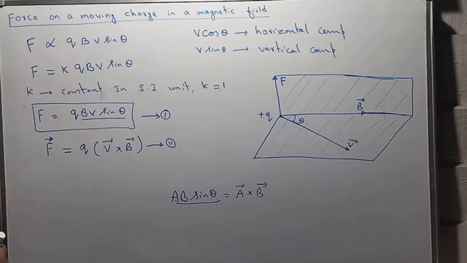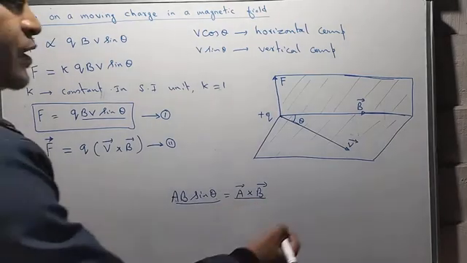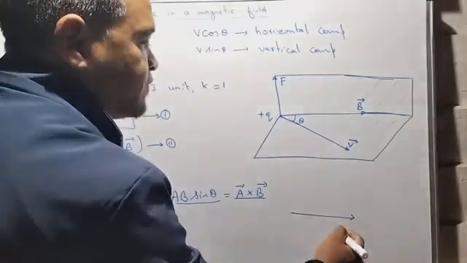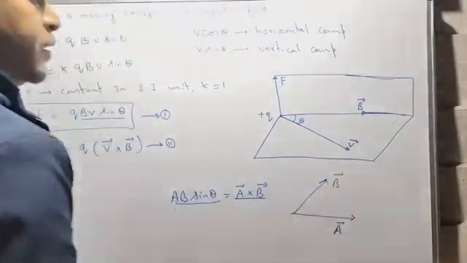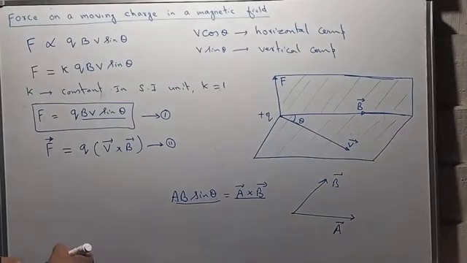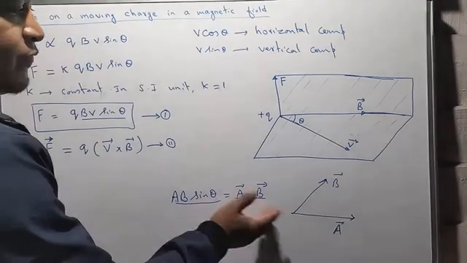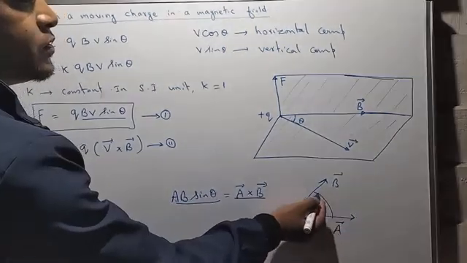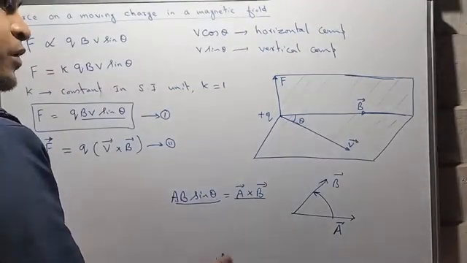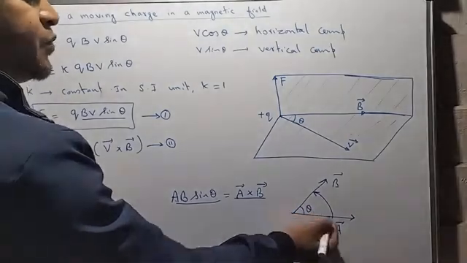Because the meaning here is, when you see A cross B, if I have two vectors, let's say this is a vector A and this is a vector B, and you say A cross B, that means you are rotating the vector from A to B. You are going like this, and this is the angle between the two vectors.